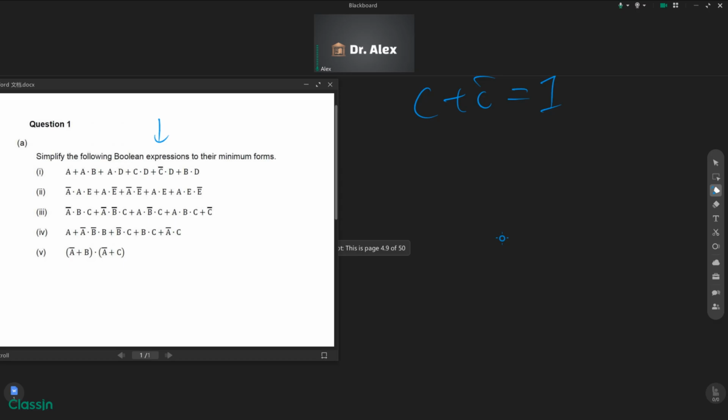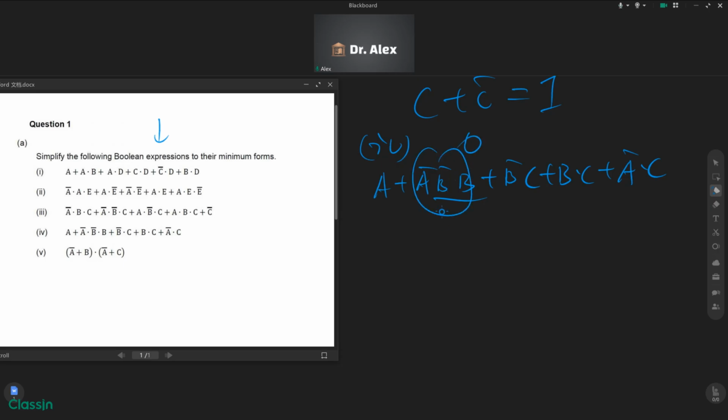Let's move on to the fourth one, which is A or not A, not B, B, or not B, C, or B, C, or not A, C. We use similar things as before, which is B and not B. It should be 0.